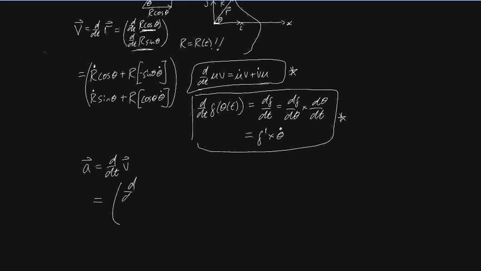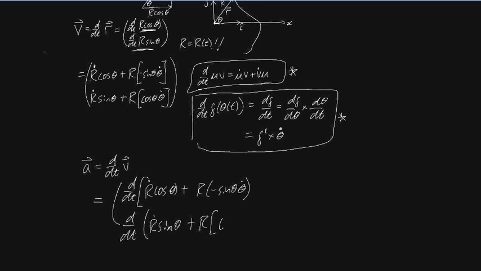This will be equal to d/dt of your top element, r dot cosine theta, plus r times minus sine theta, theta dot, and this is going to be d/dt of the bottom element, r dot sine theta, plus r times cosine theta, theta dot.